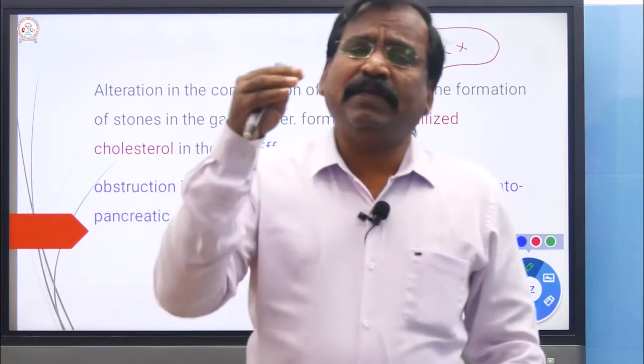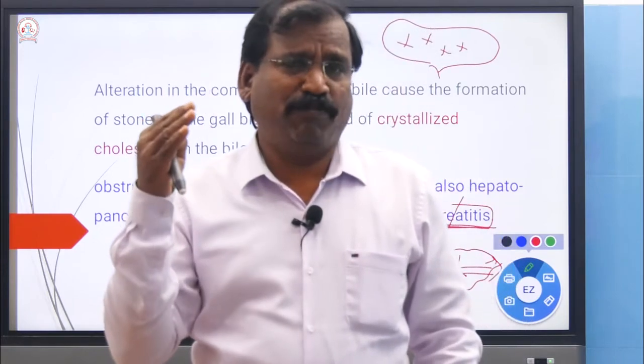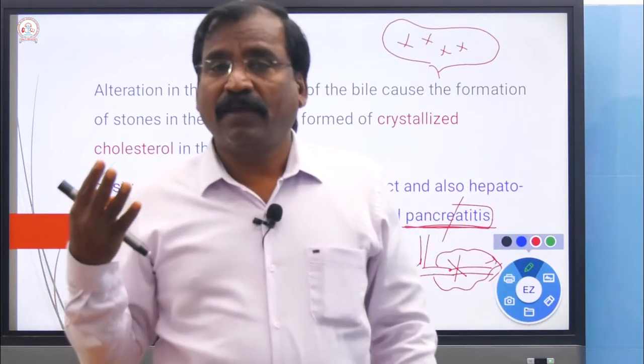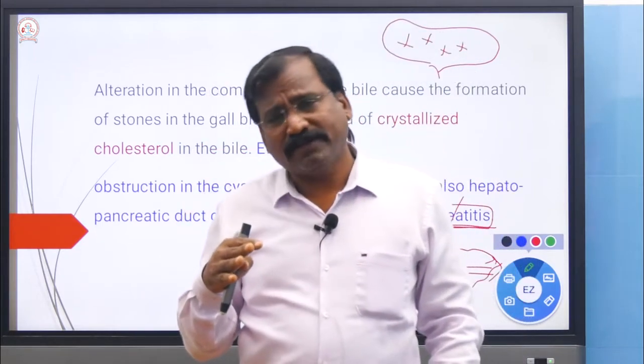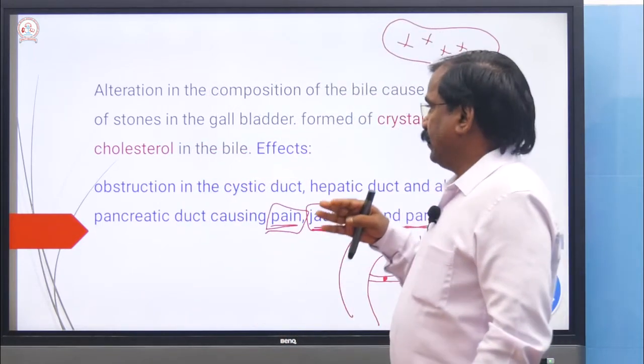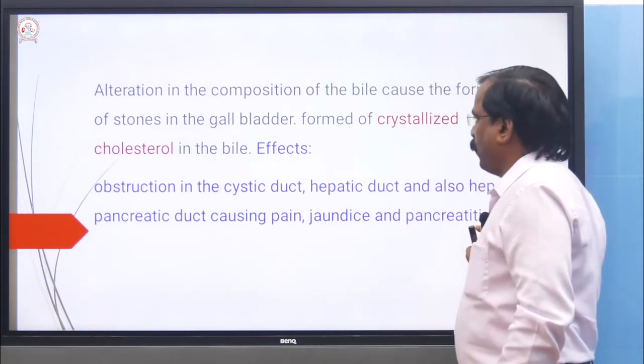Why does it get precipitated? Various reasons, maybe metabolic disorder or the composition may be altered. Because of these reasons, a gallstone is formed.